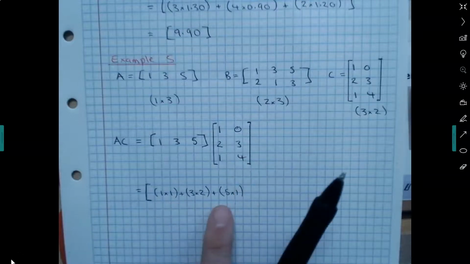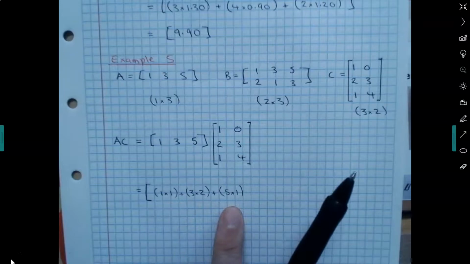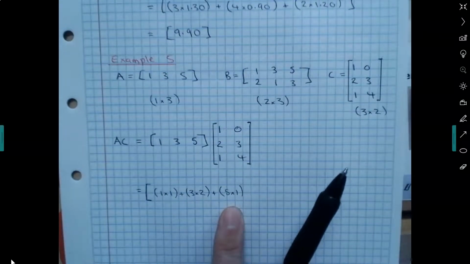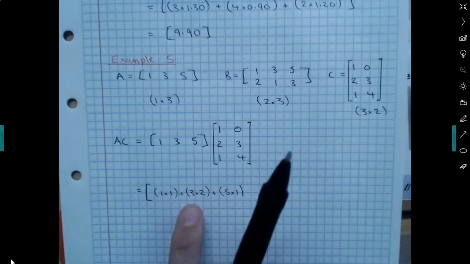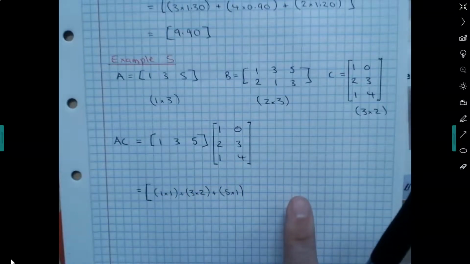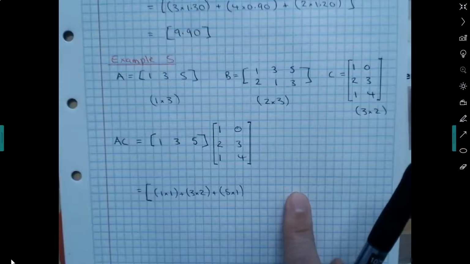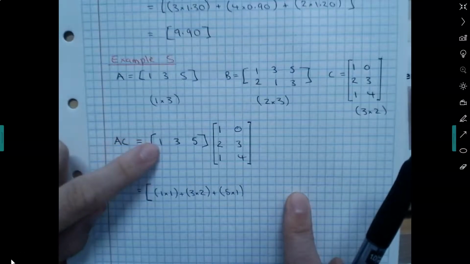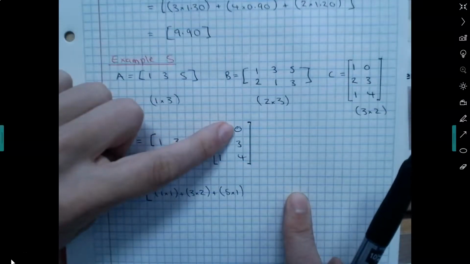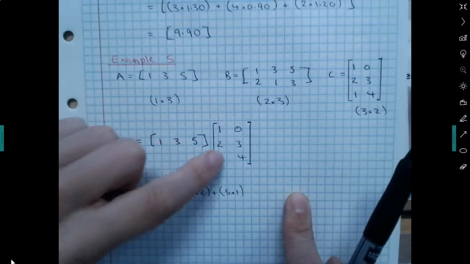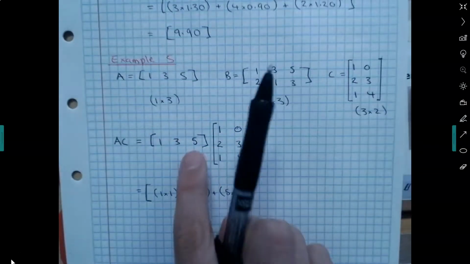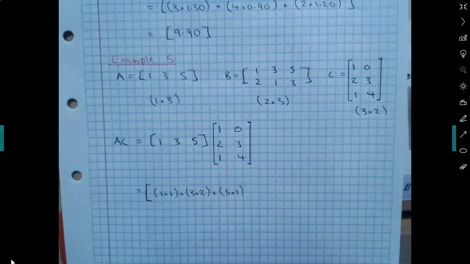And that's my first component of this 1 by 2 matrix. So remember, because it's 1 row 2 columns, that's our first component. Now we need to work out what our second component is going to be. So I go 1 times 0 plus 3 times 3 plus 5 times 4.